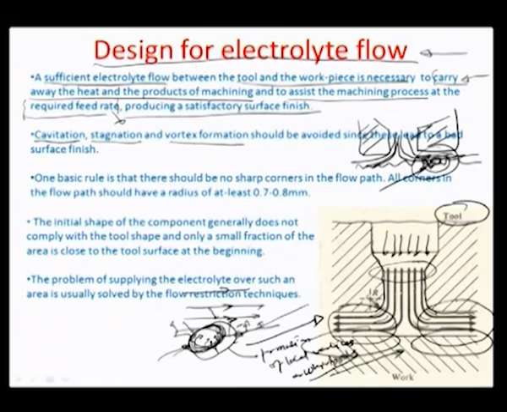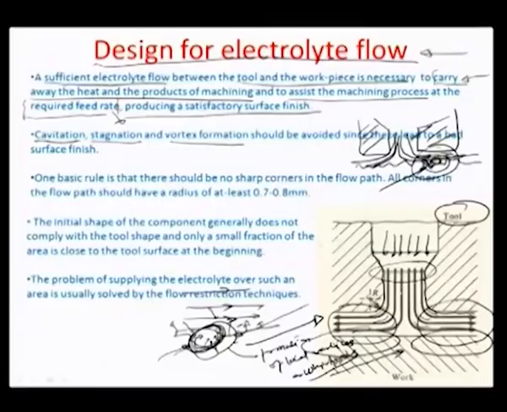We should by and large avoid this by designing the flow in a manner so that these vortices do not exist. Such corners or crevices should be kept as low as possible in designing the system. So, stagnation and vortex formation are a major problem while considering the electrolyte flow.